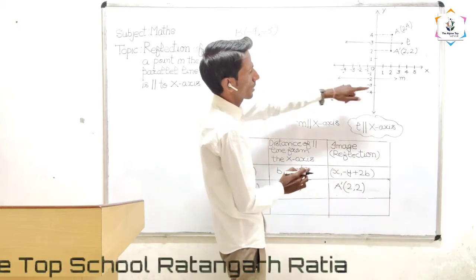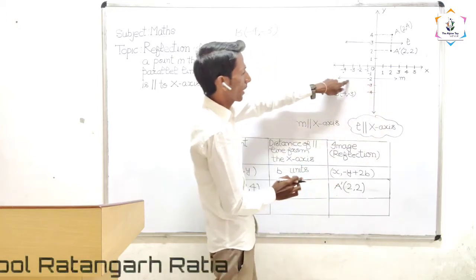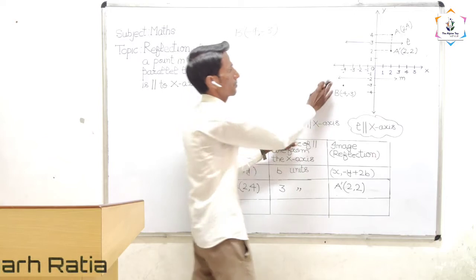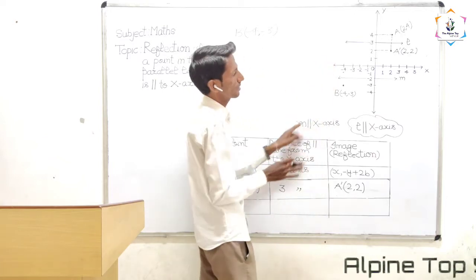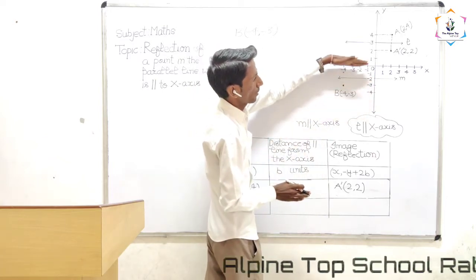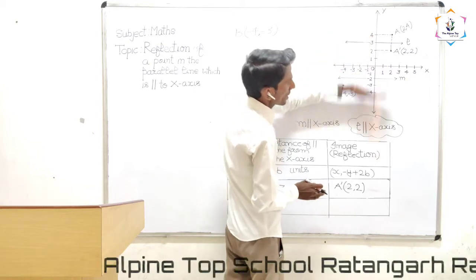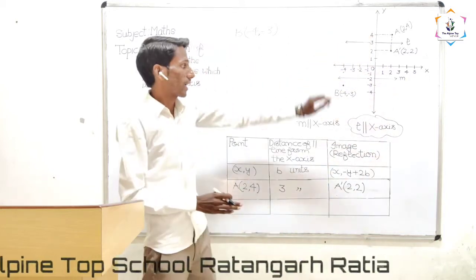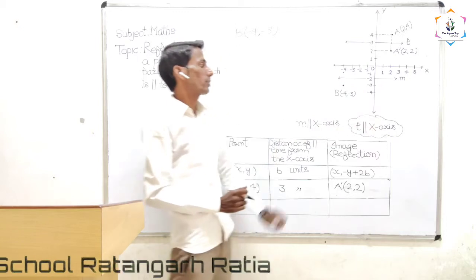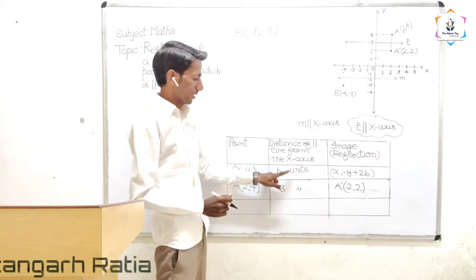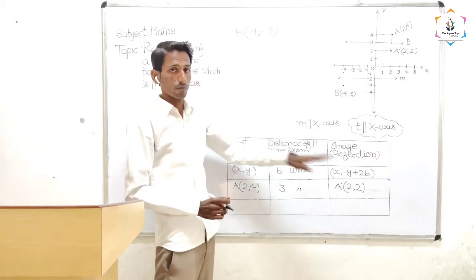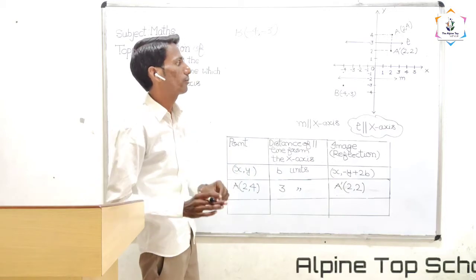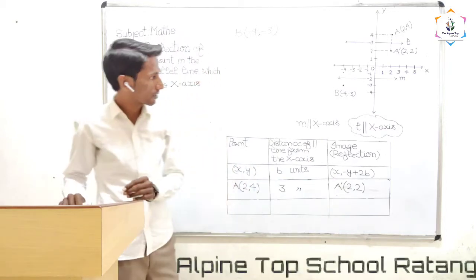But students, you are observing that I have drawn one more line M, which is parallel to the x-axis. What is the difference? This line M, which is parallel to the x-axis, is on the negative side of the y-axis. When the parallel line is on the negative side of the y-axis, you have to take the distance in negative form. This thing you have to remember.